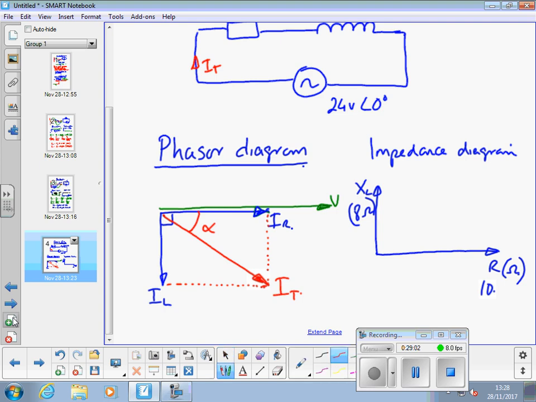Again, we complete the parallelogram, which in this case is a rectangle. We've got our ZT angle in there. That angle's negative and that angle's positive, but size-wise they will be the same.